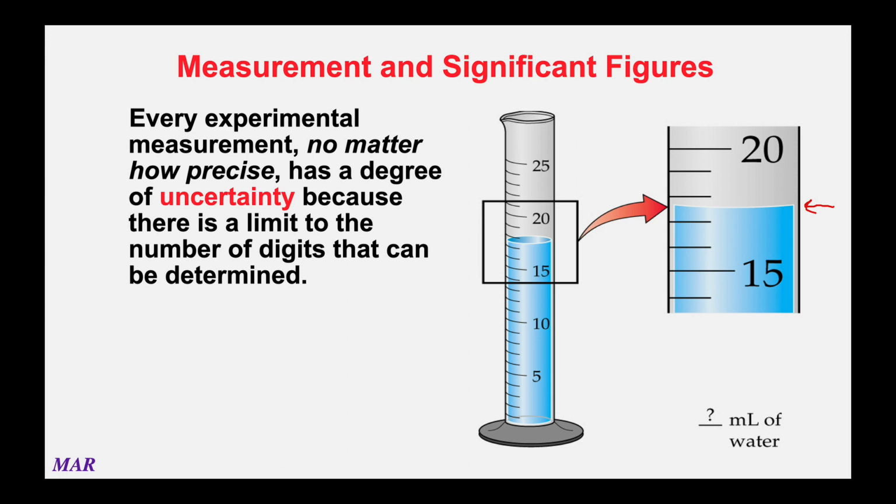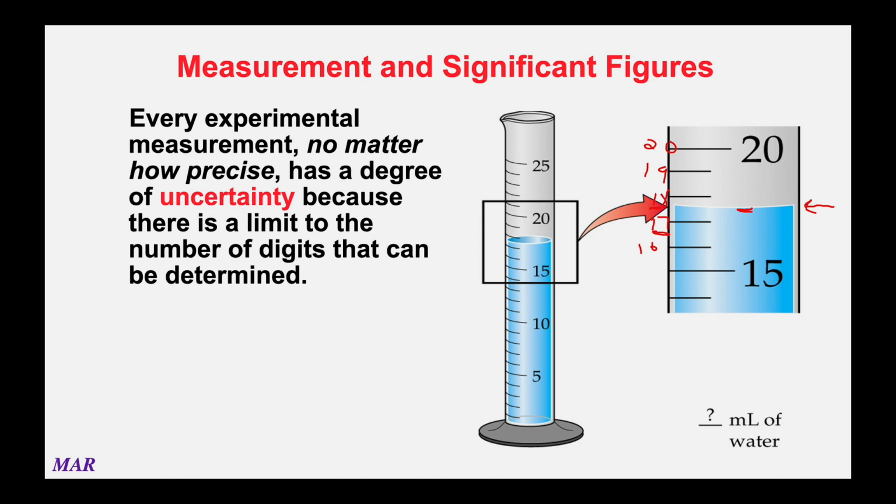First of all, notice there's a little bit of a curve. That curve on the water is called a meniscus, and people will usually try to measure from the bottom of the meniscus. If you look on the left side, 15 is the big one, 16, 17, 18, 19, 20. I think we would all agree that the bottom of that curved meniscus is between 17 and 18.